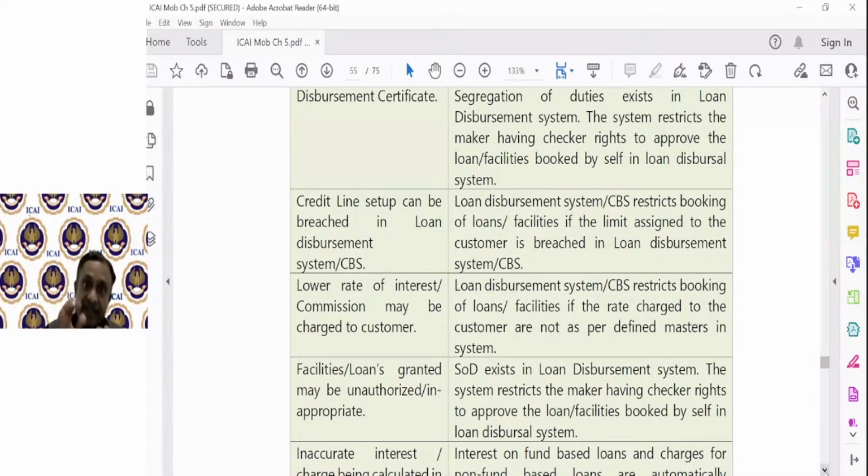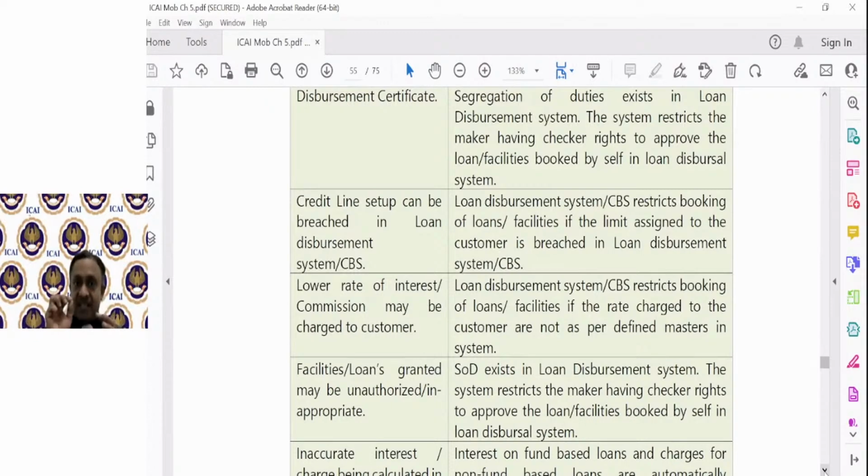Now I'll tell you how it is actually done in system. Let us read the control. Loan disbursement restricts booking of loan facilities if the limit assigned to customer is breached in the loan disbursement system. So if the limit is 7 crores and it is just going to be breached, the system has controls, the system has restriction, it keeps a track of that.